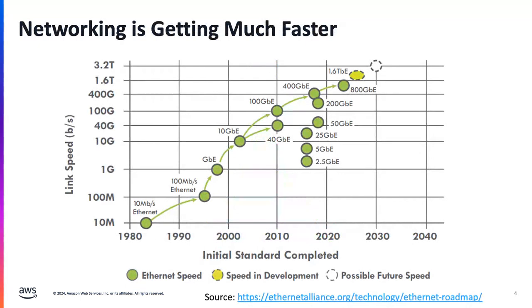So why are we here? Didn't we get 2110 working? Didn't we spend a lot of time on that? Over the many years networking has gotten faster and faster and faster. And when we were first talking about SMPTE 2110, it was in the world where you had 100 gigabit Ethernet. And boy, that seemed really fast, right?